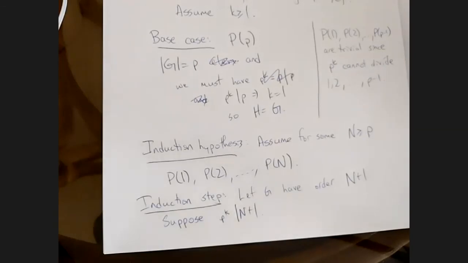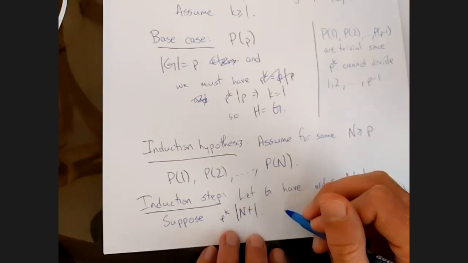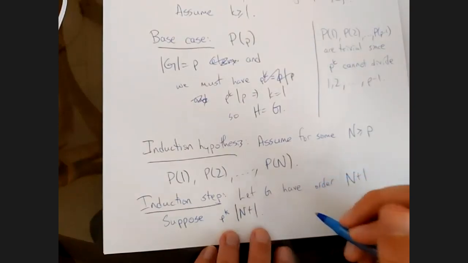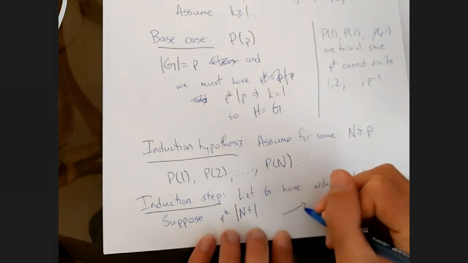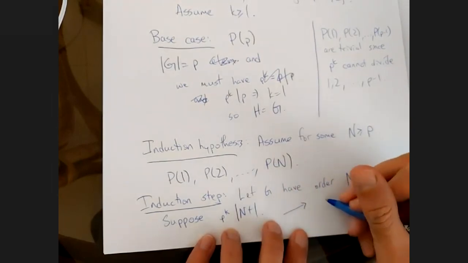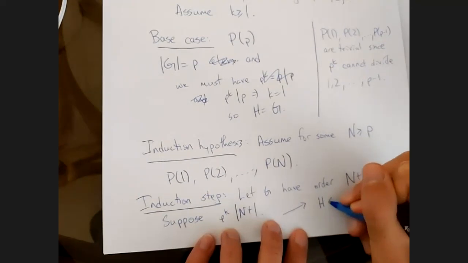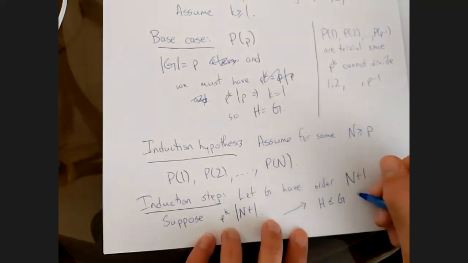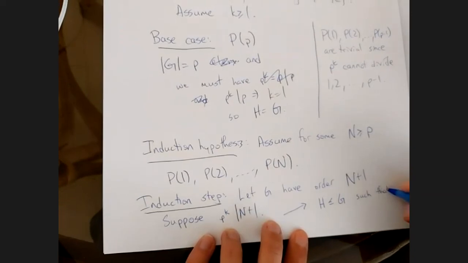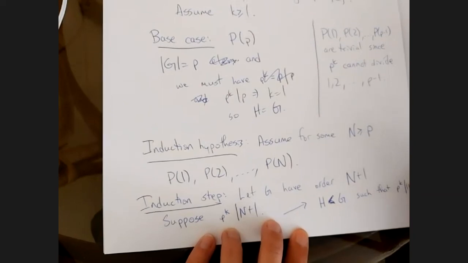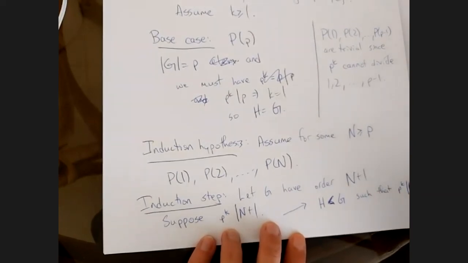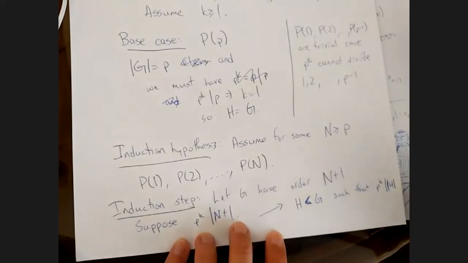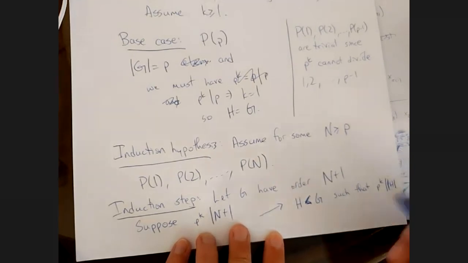But before we do, let me tell you we're going to divide our induction step into two cases. In one case, we can find a proper subgroup H such that p to the k divides the order of H. In that case, we can apply the induction hypothesis to find a subgroup of H having the right order.